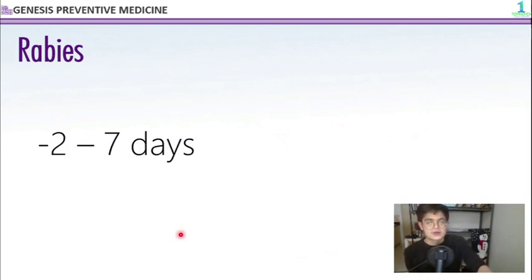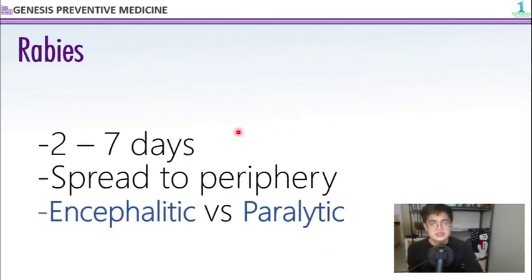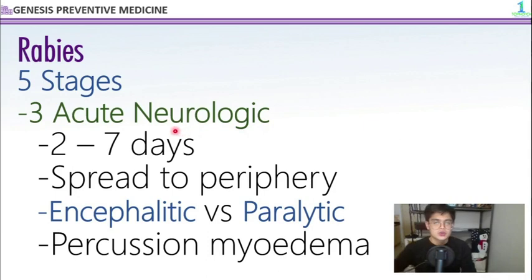Okay, so the third phase is the acute neurologic phase, which involves the classic symptoms. This lasts for 2 to 7 days only. There is respread of the rabies virus to peripheral organs, and it can be divided into either an encephalitic or a paralytic type.